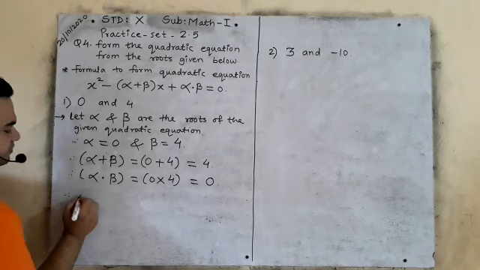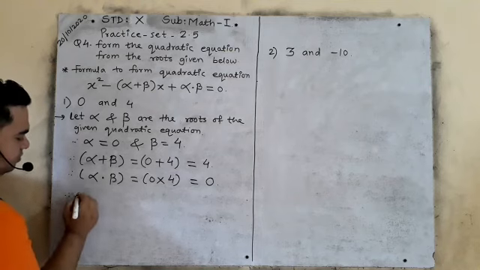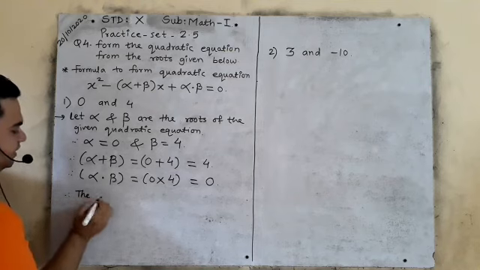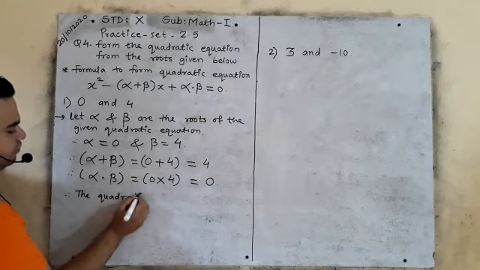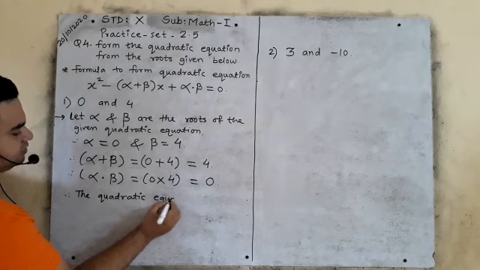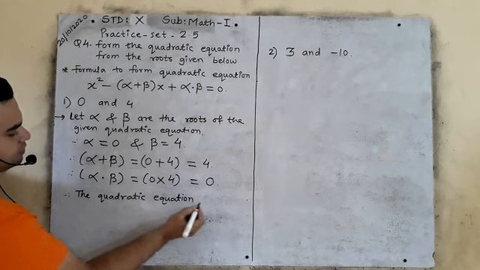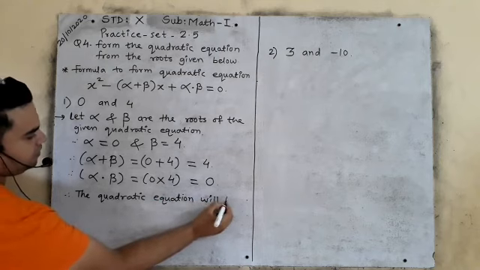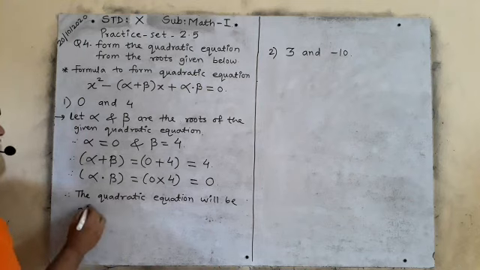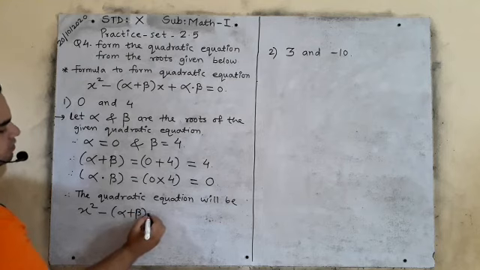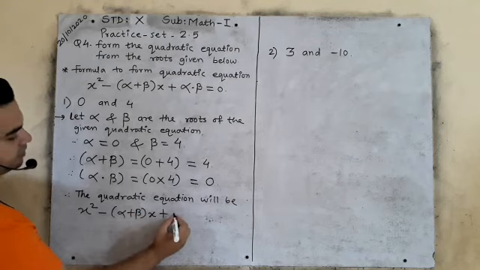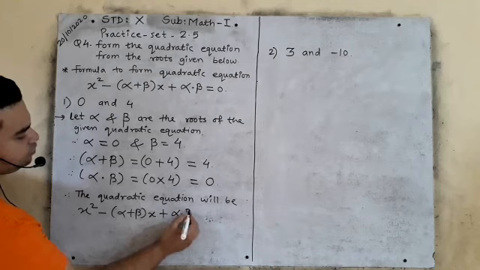See, therefore the quadratic equation will be x square minus alpha plus beta x plus alpha into beta is equals to 0.